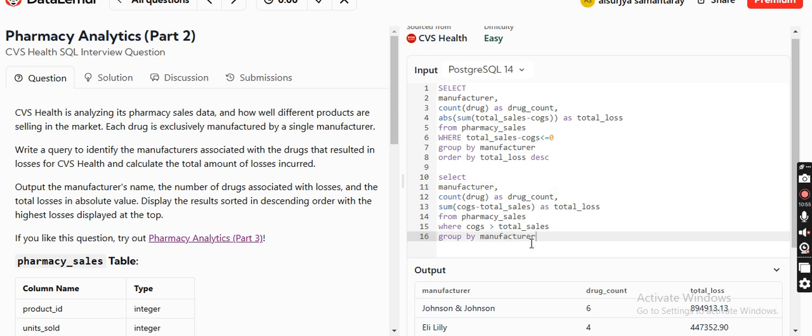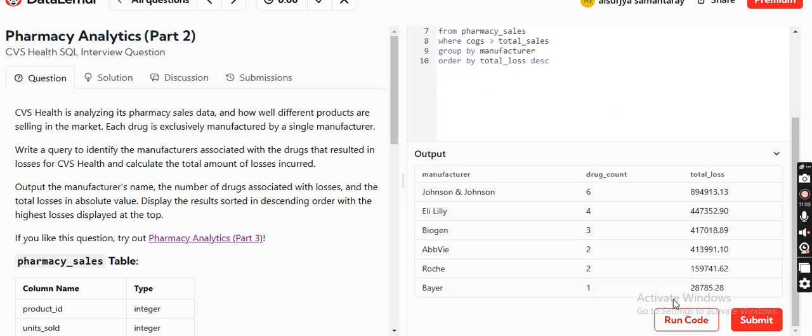We just copy this name, and ordered by total loss DESC. Let me just run this query once to check.